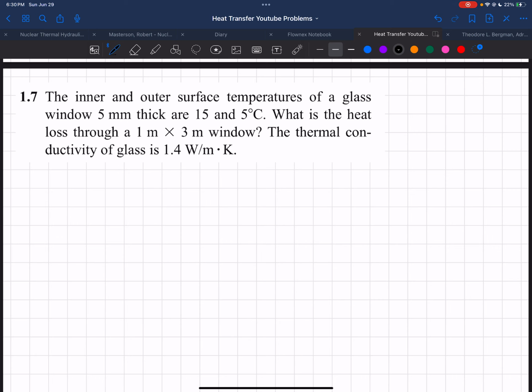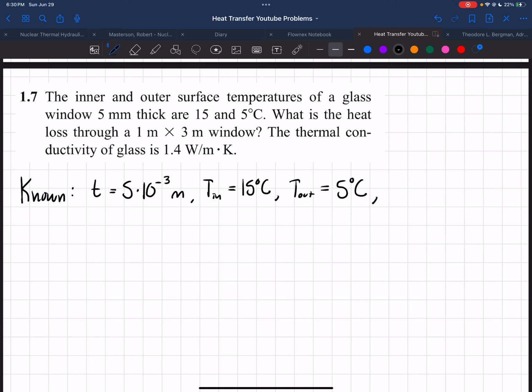So let's start with our knowns. And what do we know? We know that thickness, we'll call it T, equals 5 millimeters, and I'm going to convert that to 5 times 10 to the minus 3 meters. We know that T inner is 15 degrees Celsius, and T outer is 5 degrees Celsius.